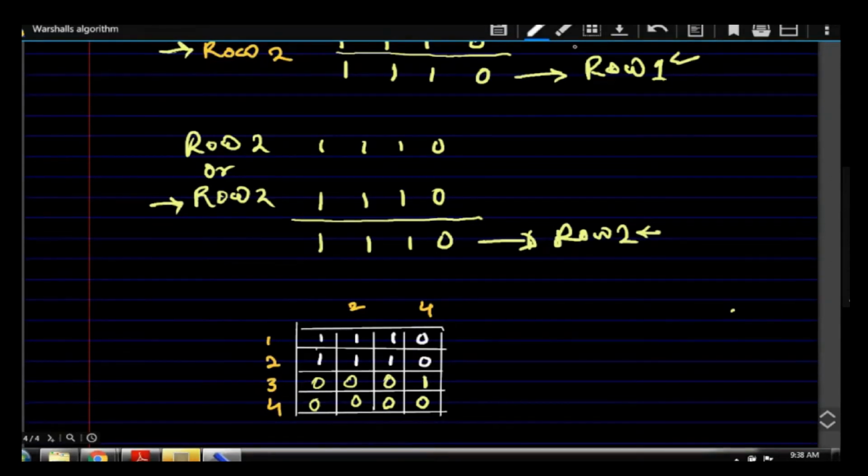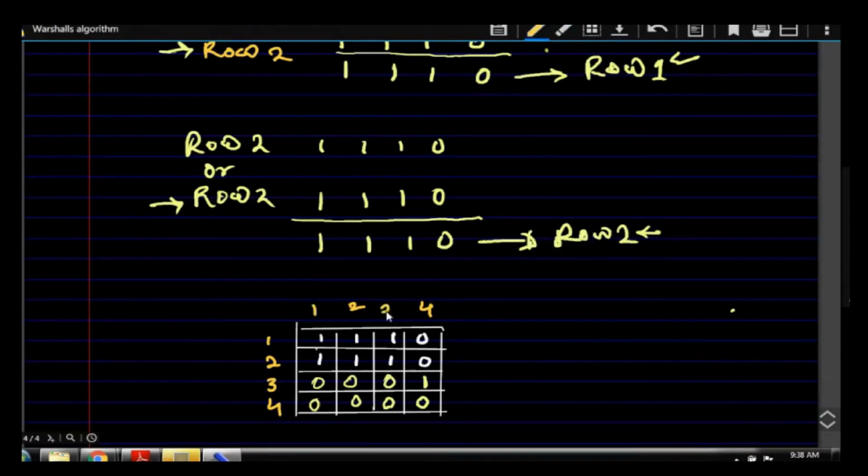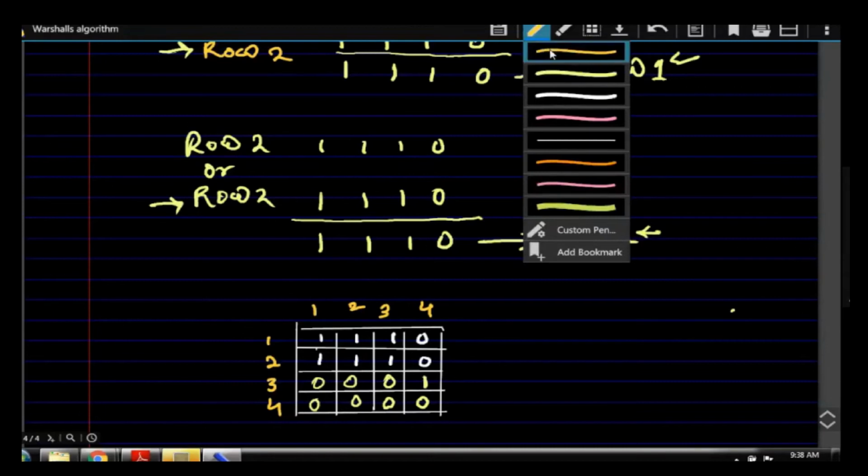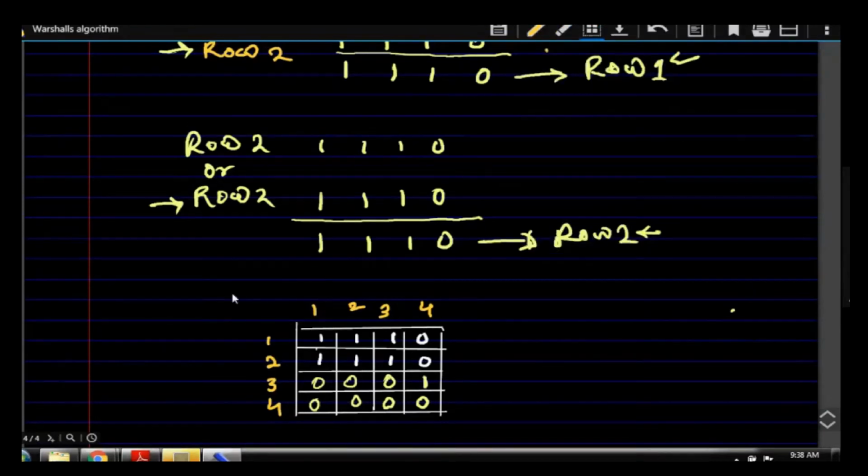Okay, so in this way we have performed step number 2 also. Now go to step number 3, where k will become equal to 3.